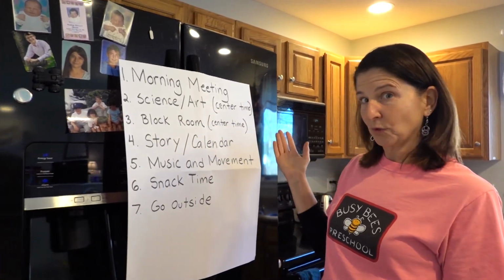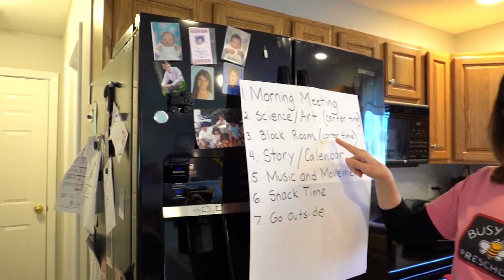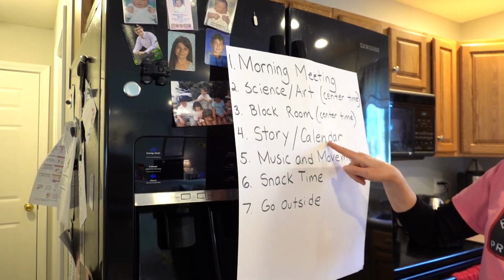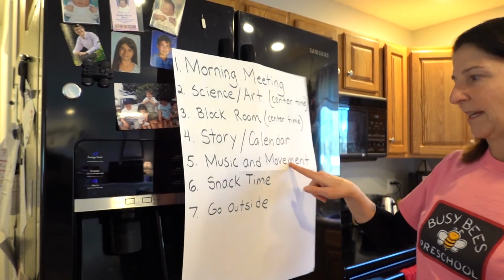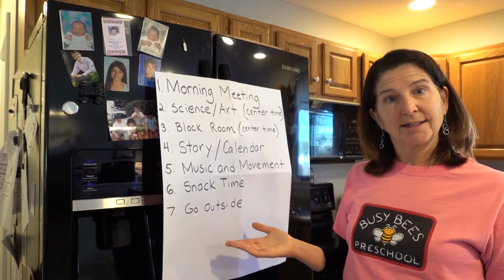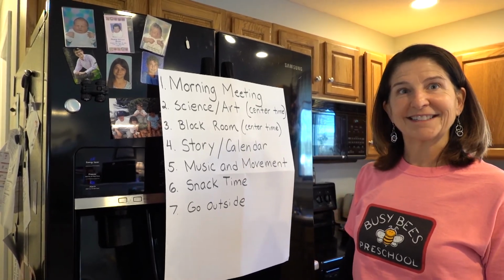And then we switch rooms and they go into the block room. And we do activities in center time in the block room. Then we do story and calendar. Then we do a music and movement activity, snack time, and then we go outside. And that's where you get picked up, unless you're a lunch buncher. So let's go do those things.